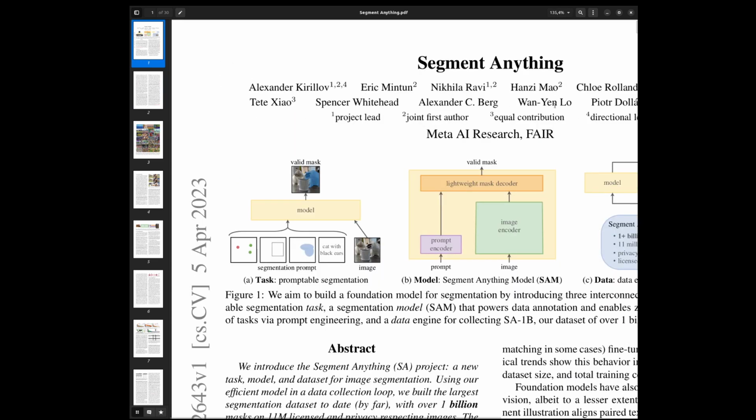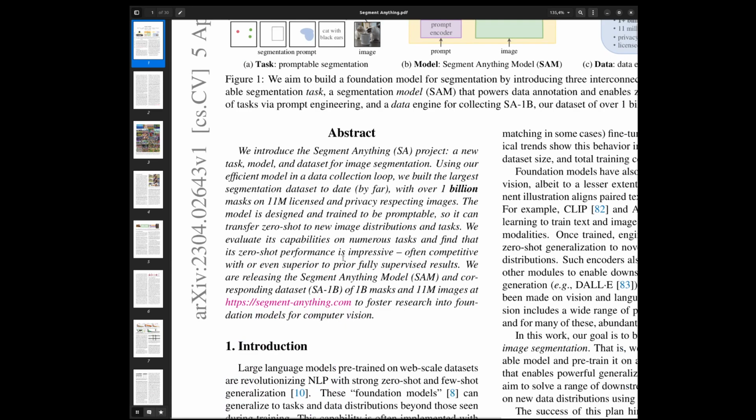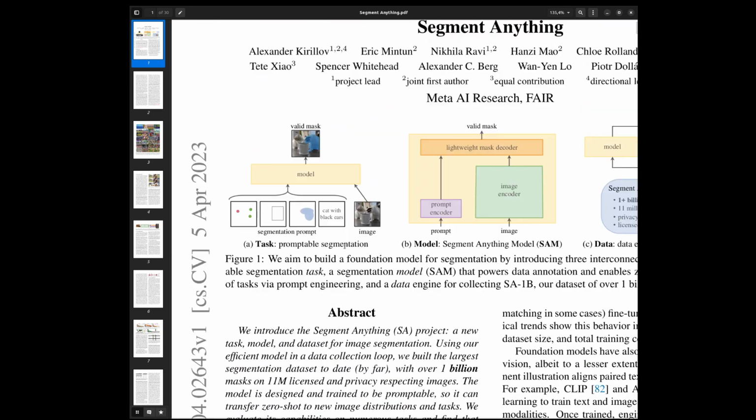If you are one of these people creating this image and you put these things in, it means that you probably have something, or you wish to have something, that does this. They also show it on the website. If you go there, there is a GIF or video where you type cat and it highlights all the cats in the image.